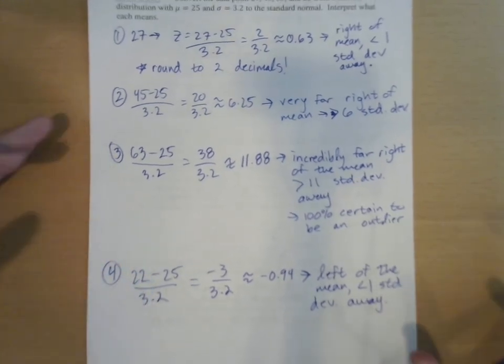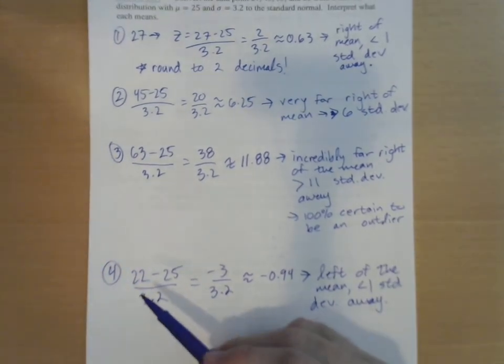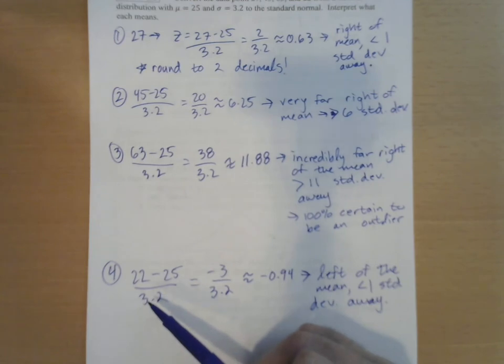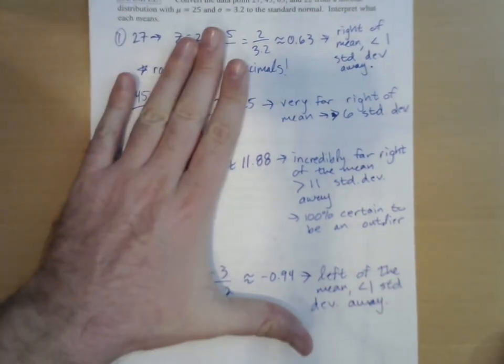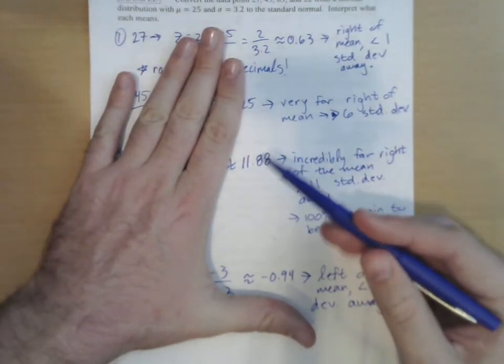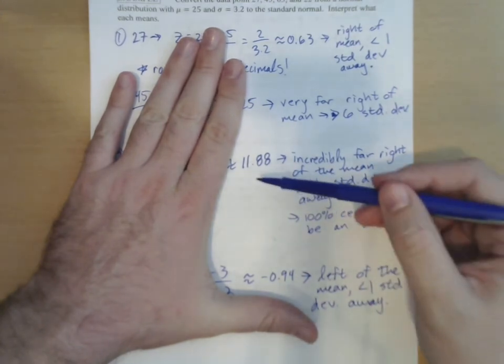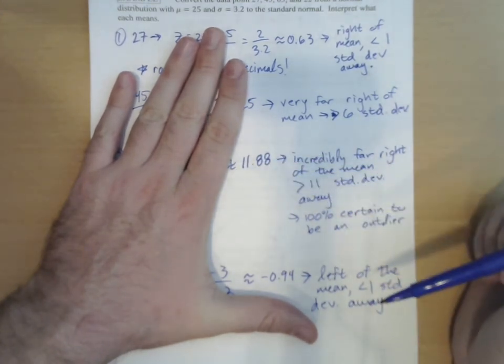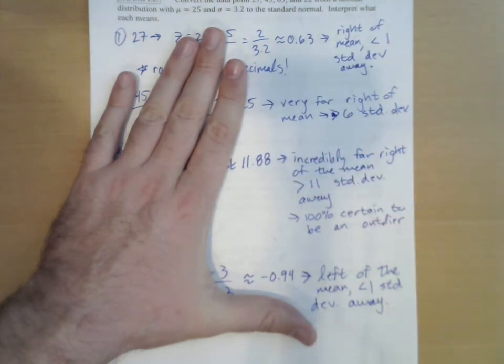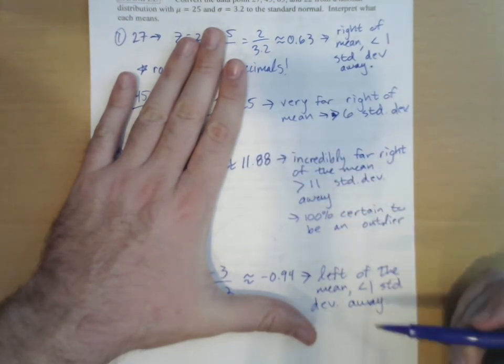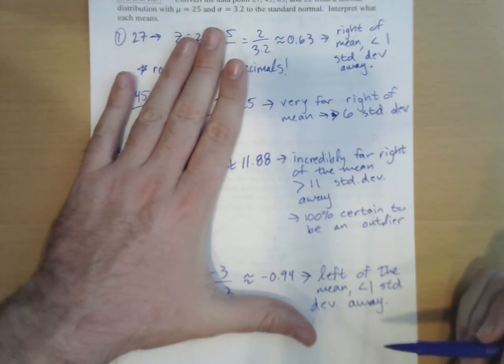So just to reiterate here, when you know the value, the mean, the standard deviation, the z-score is a sometimes useful thing to calculate, but really what the z-score is about is telling you information without having to actually know any of the data. I don't need to know what my score is to look at a z-score of 11.88 and say, holy crap, that's really far away. It's definitely an outlier from the data.